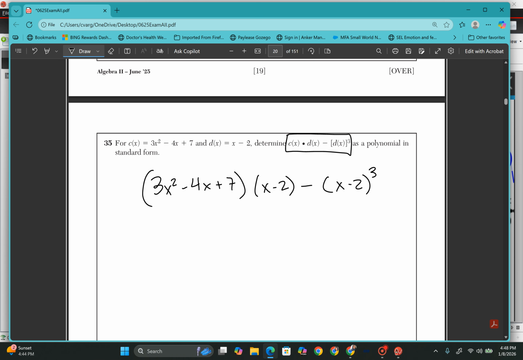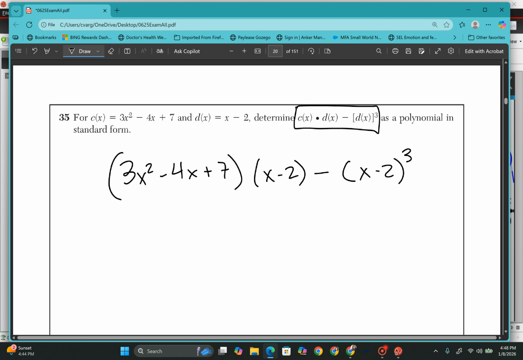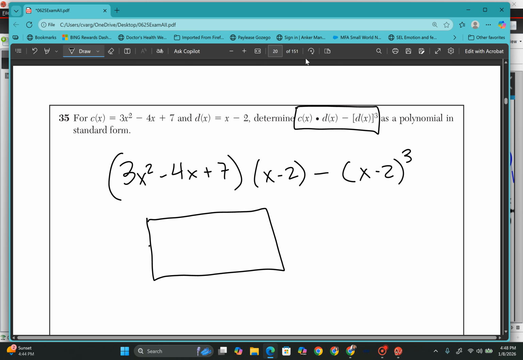Okay. So some of you did get this correct as you were doing it, but you need to do a box method here or FOIL. So you have a couple of things that you're going to need to multiply: 3x squared minus 4x plus 7 and x minus 2. So this gives us 3x to the third.